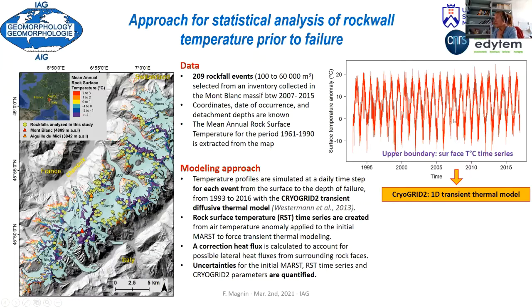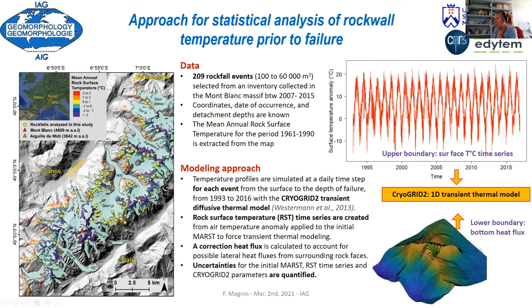And with this data, we forced a transient thermal model, which is in one dimension, that we forced at the bottom with a corrected heat flux. For you to understand this heat flux, let's say that this is the rockfall location, if you see the mouse, and the temperature at depth is controlled by the heat fluxes coming from the various surrounding rock faces. So we calculate all these heat fluxes, and then we constrain the temperature at the bottom.